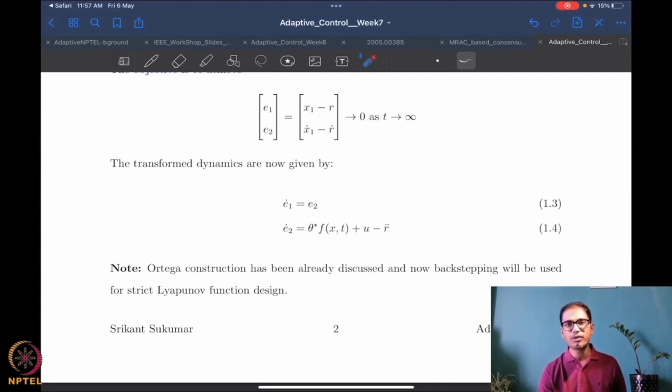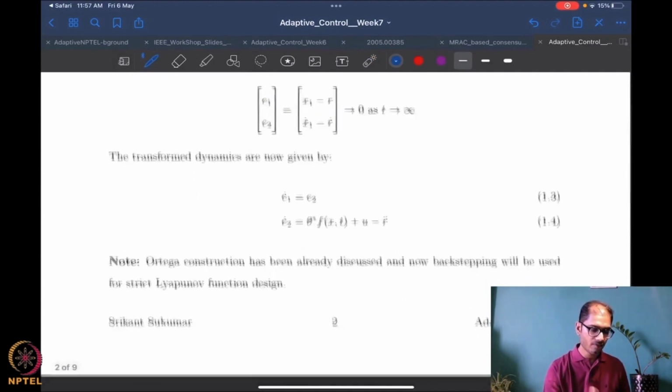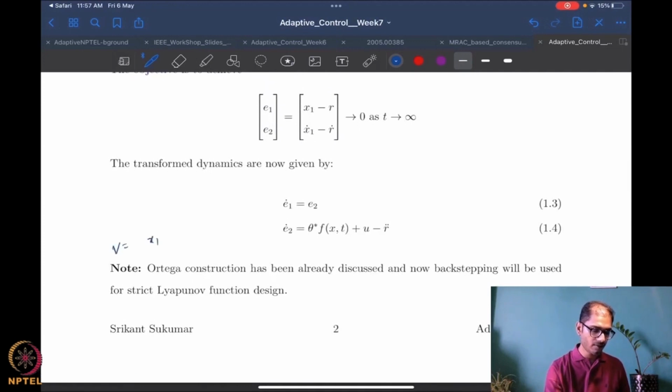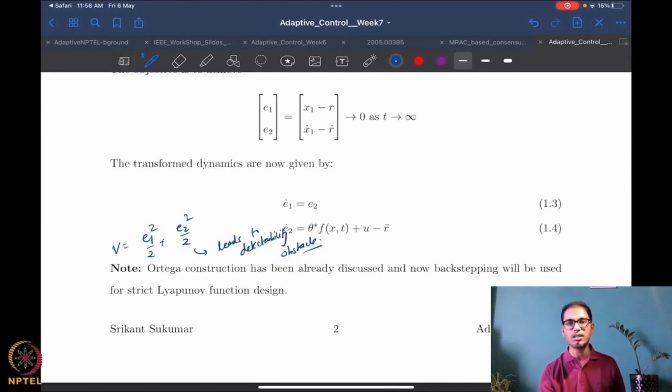Now we already know from last week that if we use some standard Lyapunov candidate, something basic like V equals e1 squared by 2 plus e2 squared by 2, then I will land in some trouble. Yeah, this will lead to a detectability obstacle.